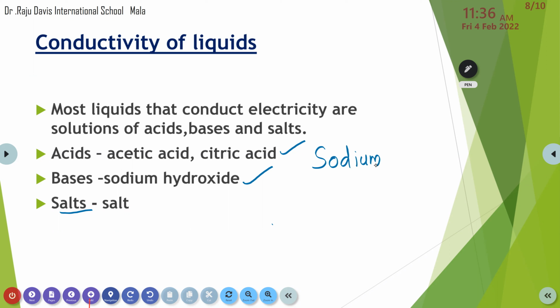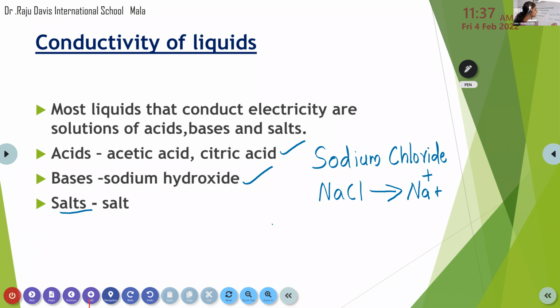Sodium chloride. So here also, sodium chloride breaks into Na plus ion and Cl minus ion. So here also there is a plus charge and a minus charge.